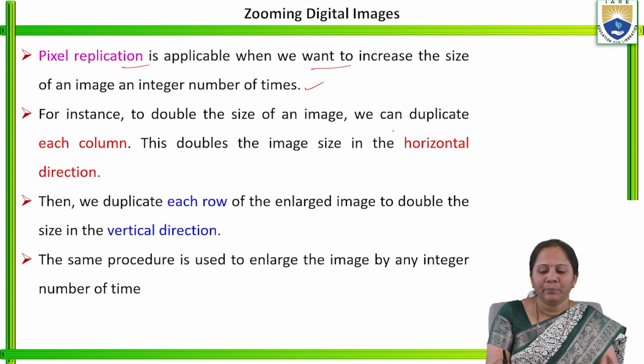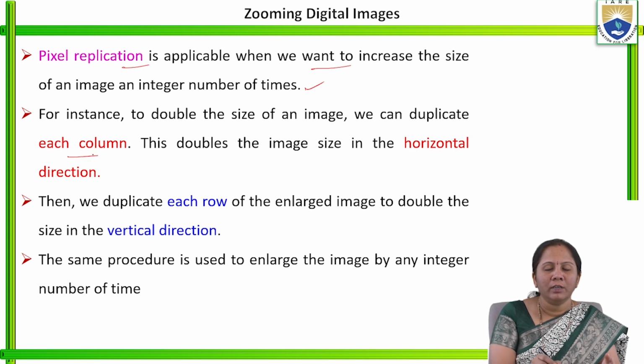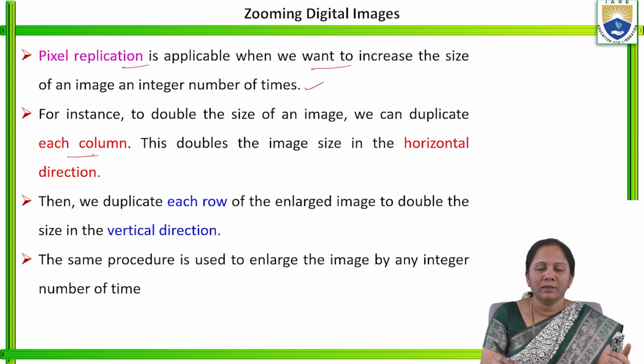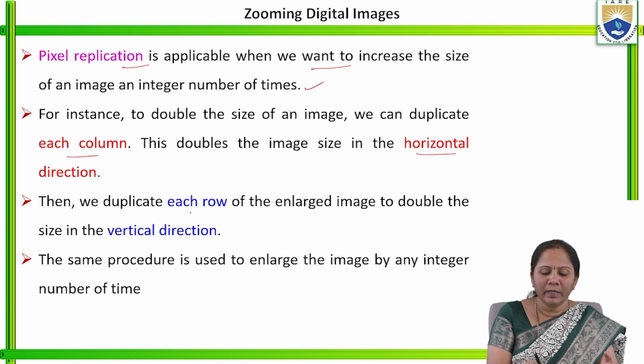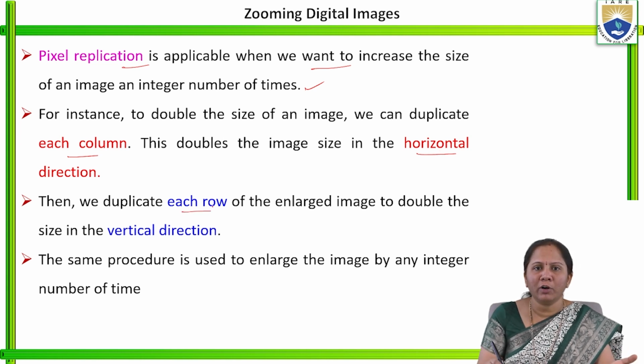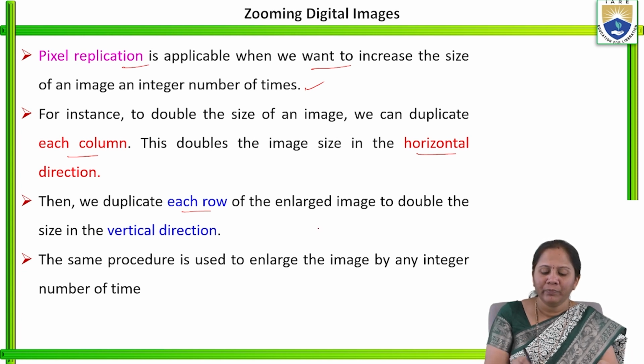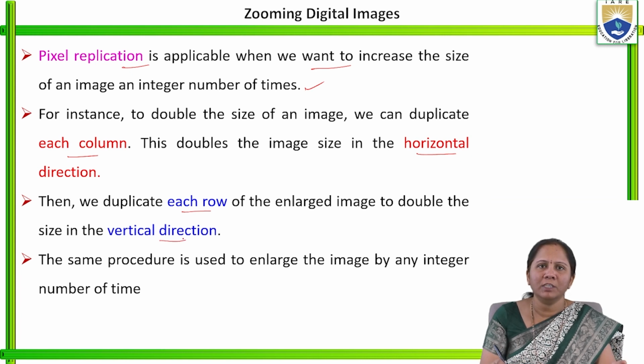For example, if we increase the number of columns, the size of the image will be increased in the horizontal direction. If we increase the number of rows, that means if any duplicate row is added to the original image, then the size of the image will be increased in the vertical direction.